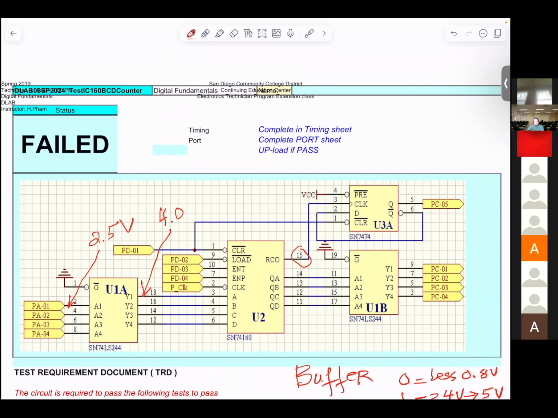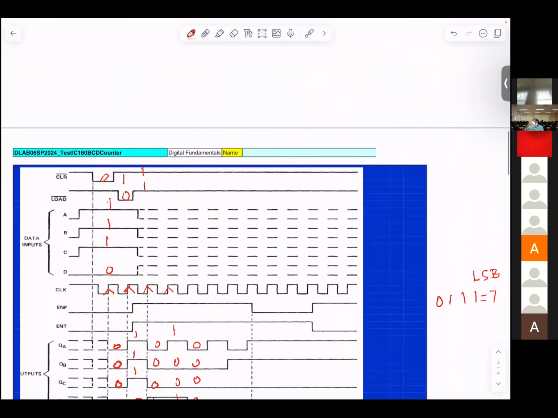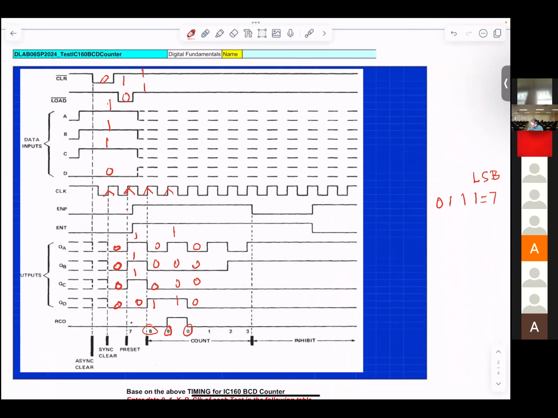Normally, what is the logic of RCO? If you're looking at the timing, look for RCO here. Normally, what logic? RCO. It's low. Low, perfect. When they go high, here, right? You see that?